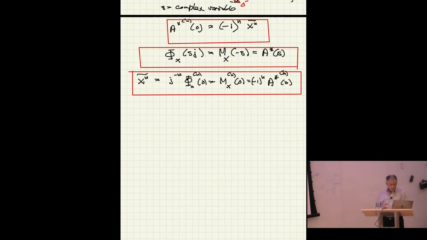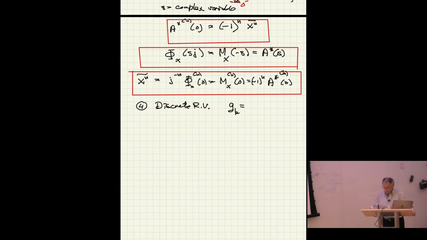Now, all of that was for a continuous random variable. So I'm going to add in a discrete random variable while we're at it. Let's consider a discrete random variable. And it'll be a set of probabilities for that random variable.